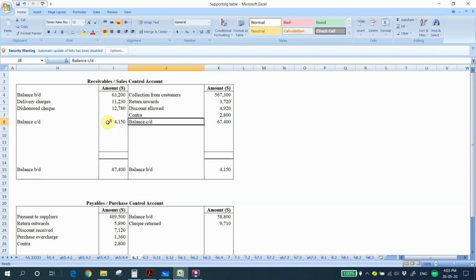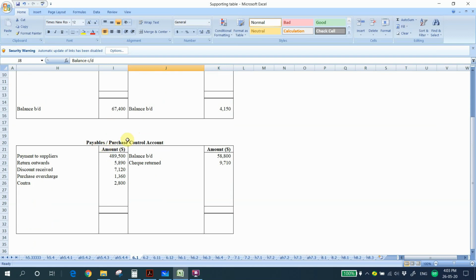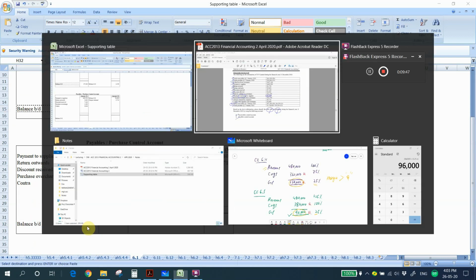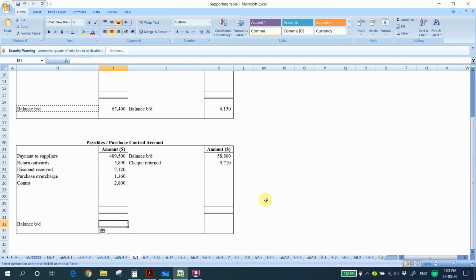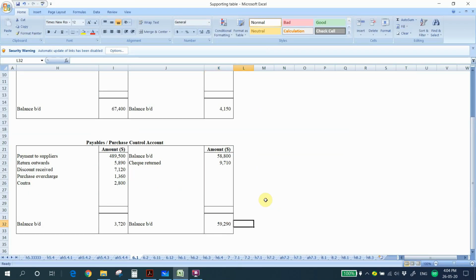So we also record our payables and purchases account. For the payables, the brought down on the debit is 3,720, and the brought down on the credit is 59,290. So we look at the brought down on the debit side.